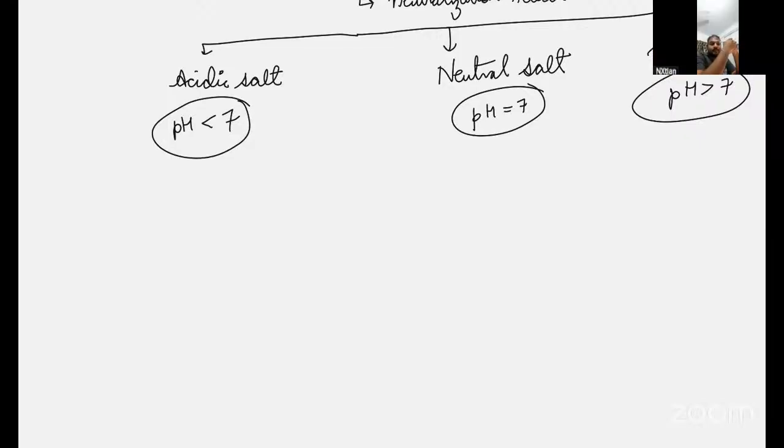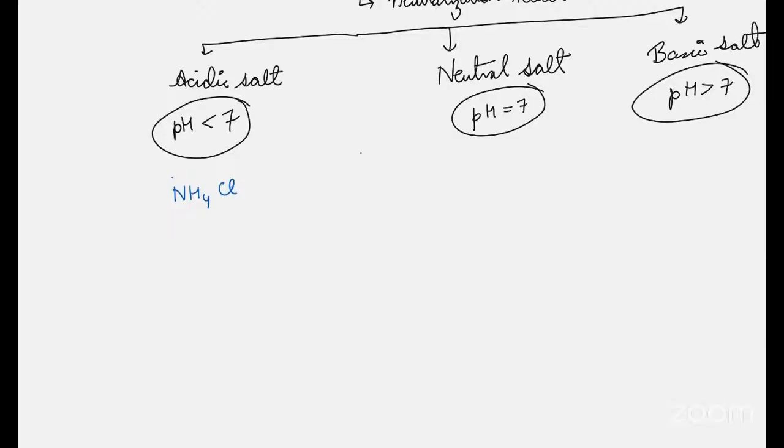Oh, strong acid, weak base. So tell me one example. MgCl2, magnesium chloride. No. Sir, acidic salt, ammonium chloride. NH4Cl. No, no. Ammonium chloride is also not there.